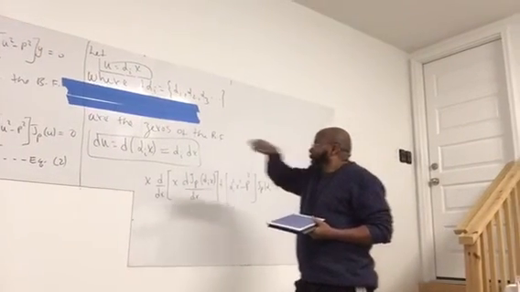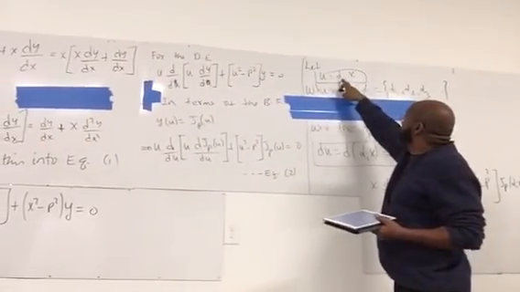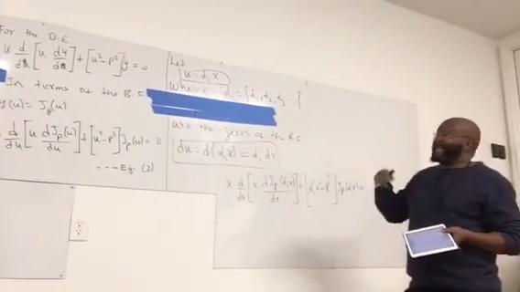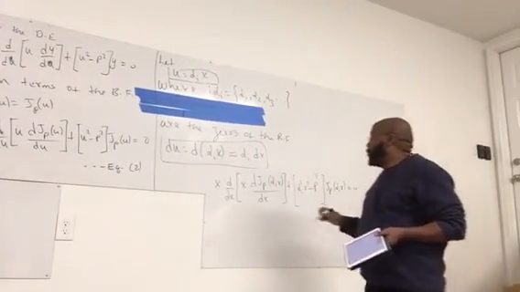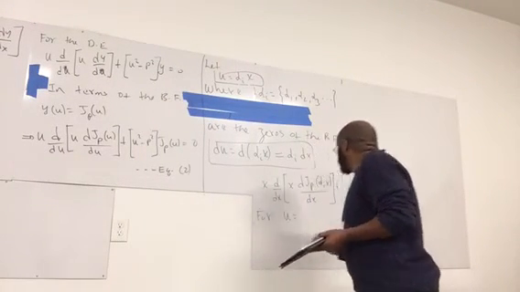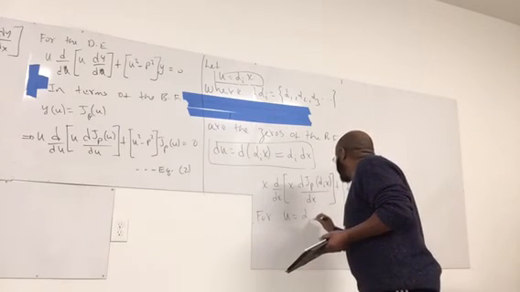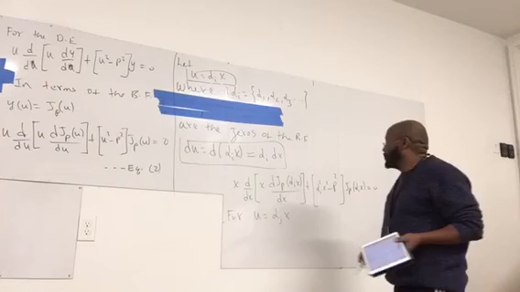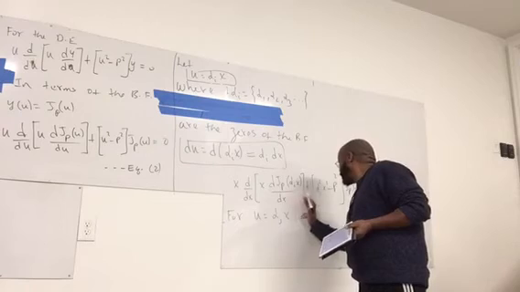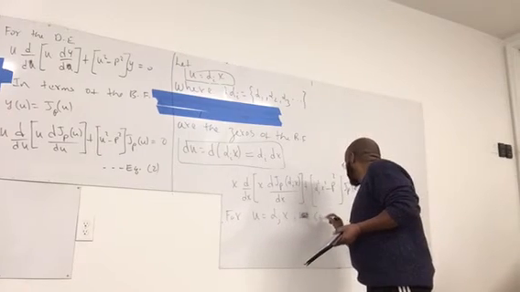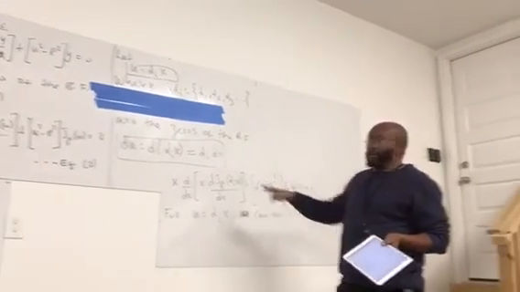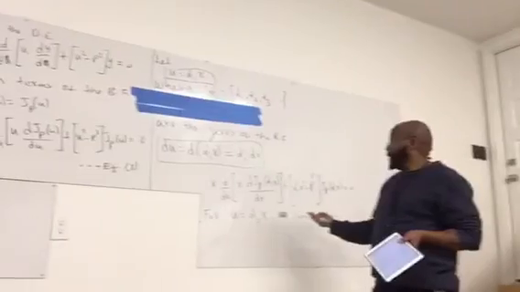Now here I defined u as alpha_i x, but I can define it as alpha_j x. For u equals alpha_j x, the only thing that changes is alpha_i becomes alpha_j.